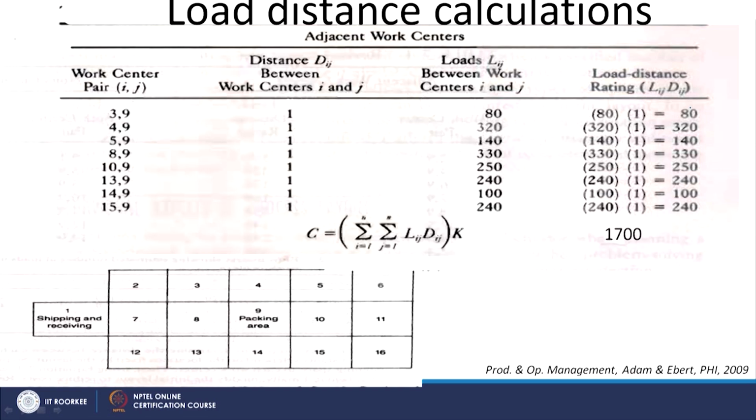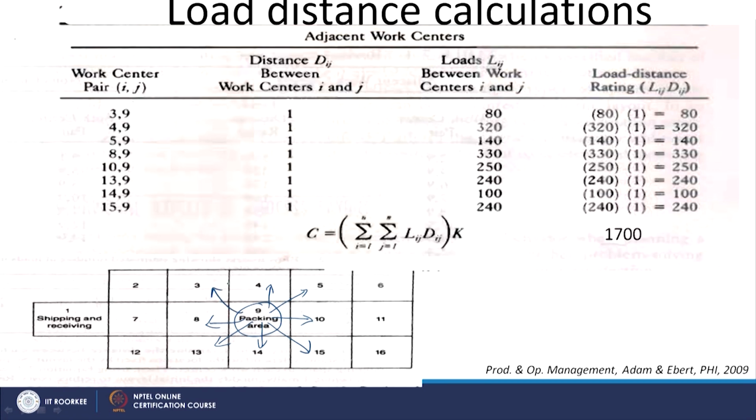Now, let us see the kind of movement which is needed between these centers and the packing area. What we consider here is that the adjacent work centers' load is considered first and the non-adjacent work centers' load is considered later. What are the adjacent centers? About packing area 9, the adjacent centers are 4, 5, 15, 14, 13, 8, 10 and 3.